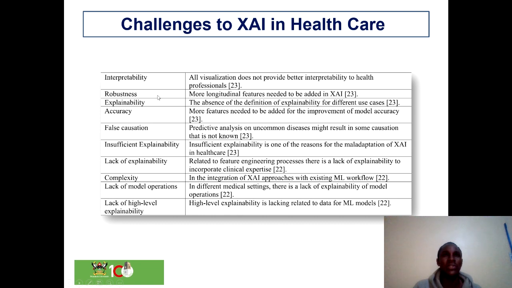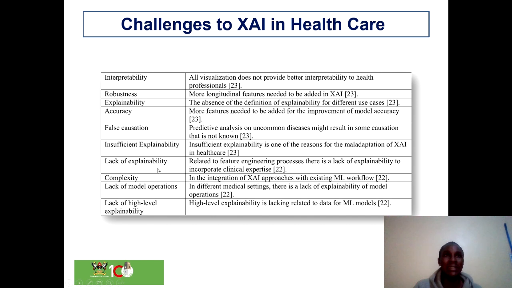And then there are issues with robustness, so it needs more features in terms of data to be added onto the current data sets to improve the performance. And then explainability is still a big issue again. Accuracy needs to be improved. There's false causation. Sometimes the explanation shows wrong causations or causations that do not make sense.